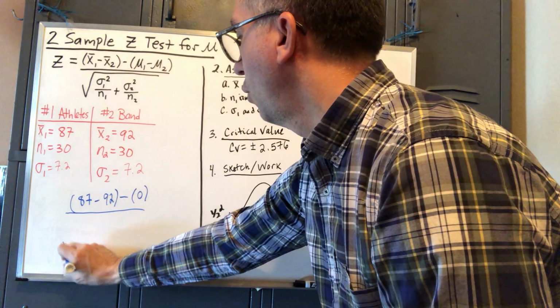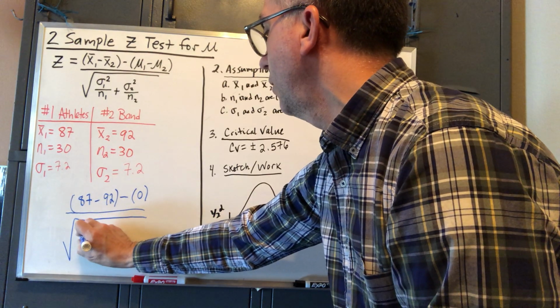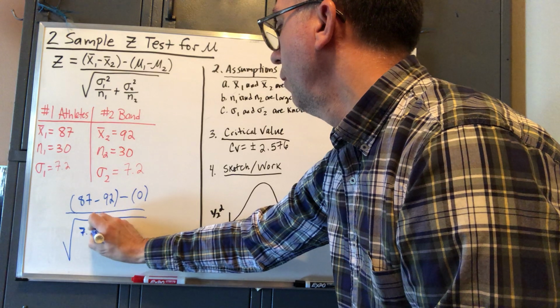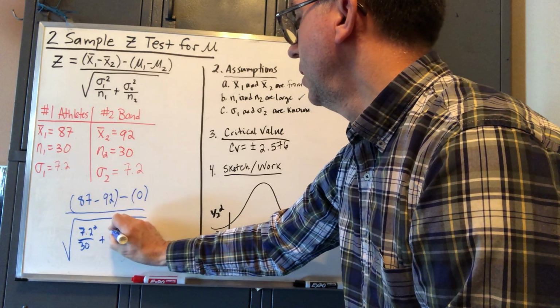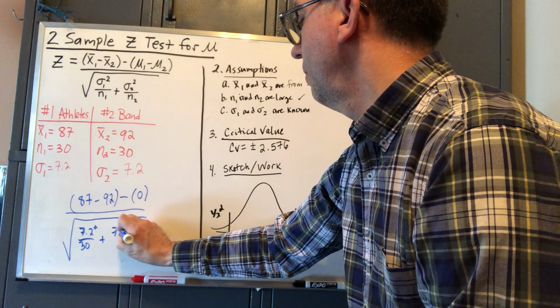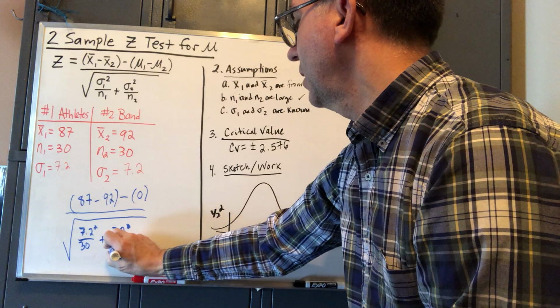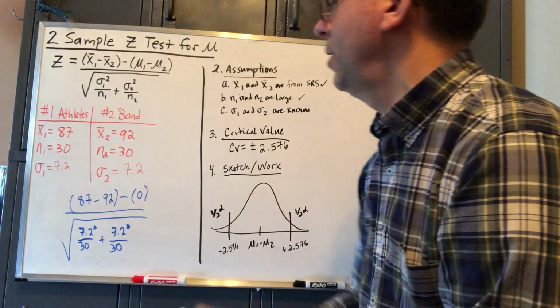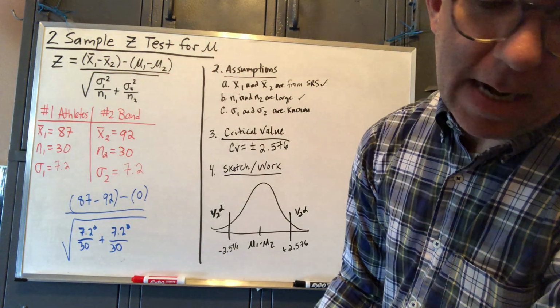Divided by the square root of, remember our sigma is the same this time, so 7.2 squared over 30 plus 7.2 squared, that's sigma 2, over 30, and that's N2. So they're all matching this time. Rarely happens.